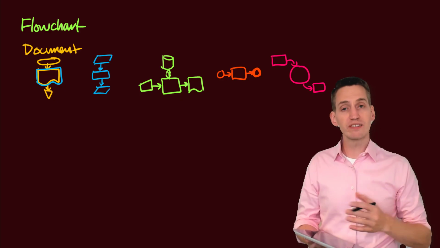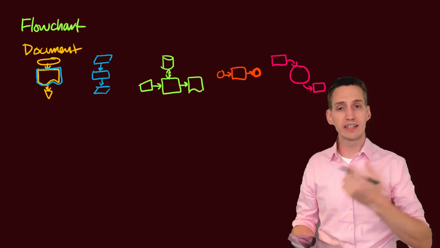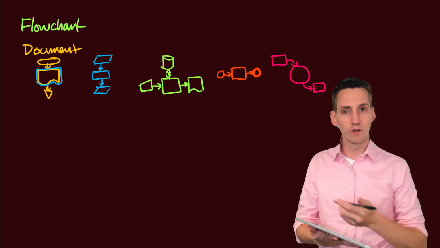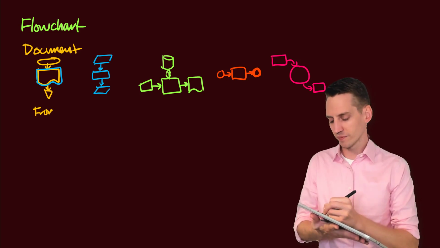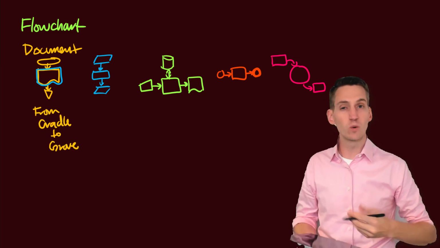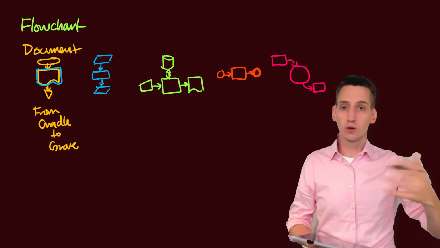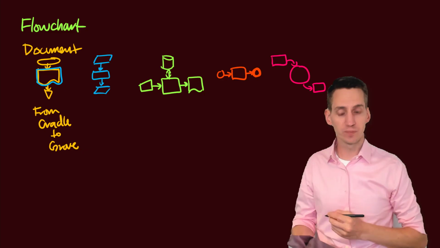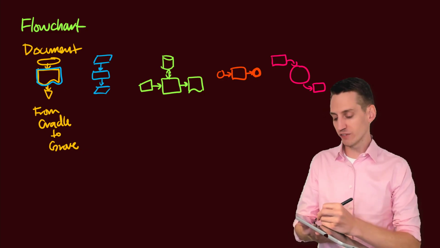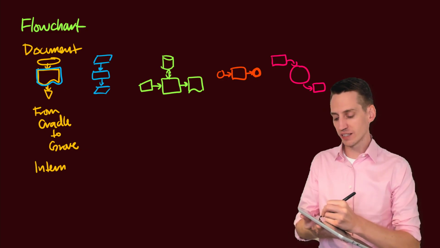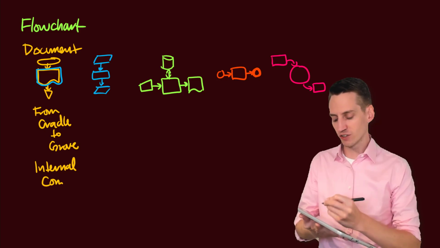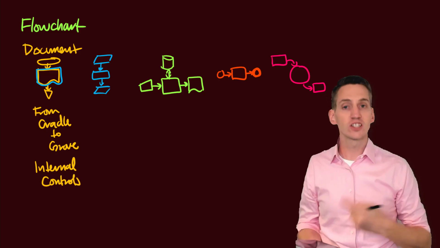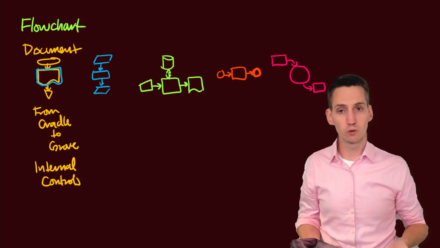We want to follow specific documents like invoices and checks and credit memos from cradle to grave. Meaning, where does the document originate, which hands does it pass through, and then where does it ultimately end up? This is very important for us to evaluate internal controls and make sure that we are compliant for Sarbanes-Oxley. Document flowcharts play a critical role.